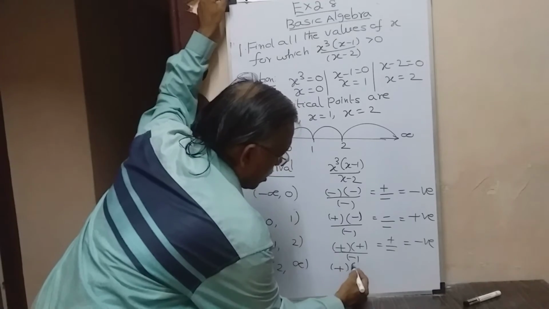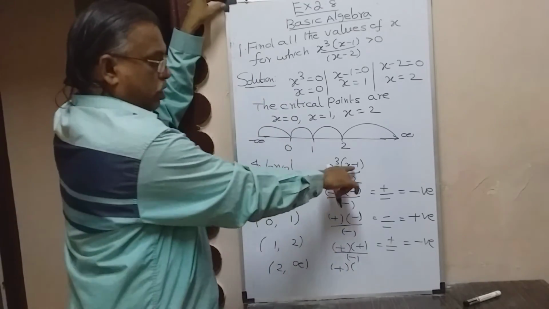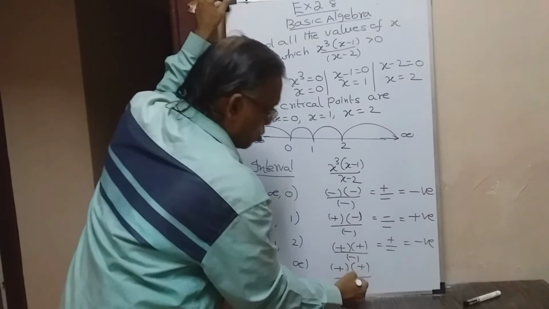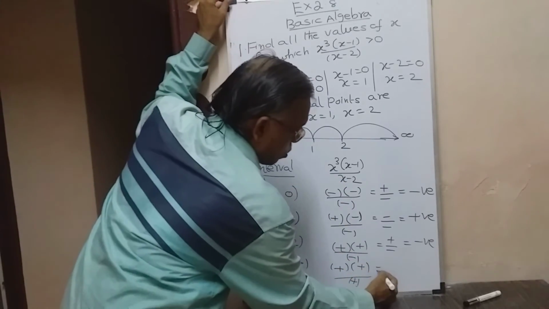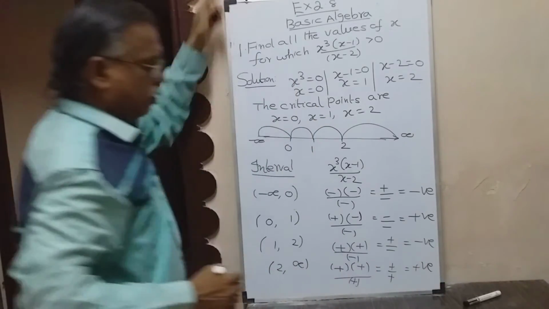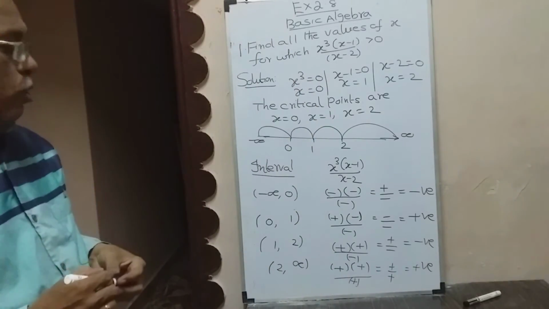Next, 3 minus 1 is 2, positive, divided by 3 minus 2, positive. So positive by positive is nothing but positive. That means greater than 0.